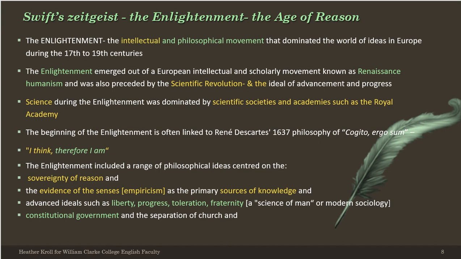The other way that this idea of science is evident is particularly in his third journey, so that's to Laputa and some of the other islands that focus on scientific discovery and scientific method. Okay, so science during the Enlightenment was dominated by scientific societies and academies such as the Royal Academy. And Swift particularly pokes fun at the Royal Academy.